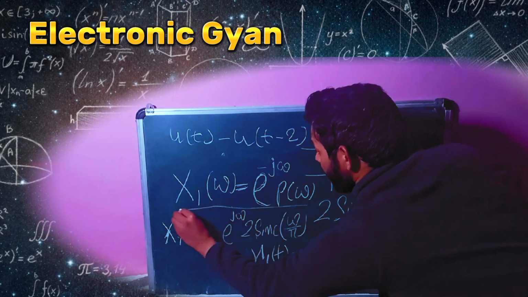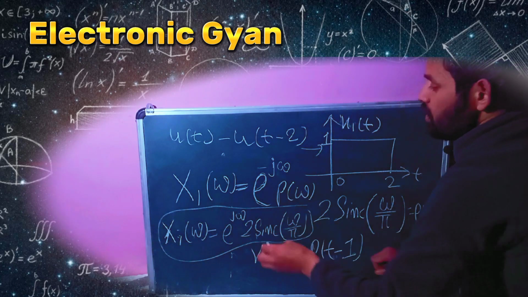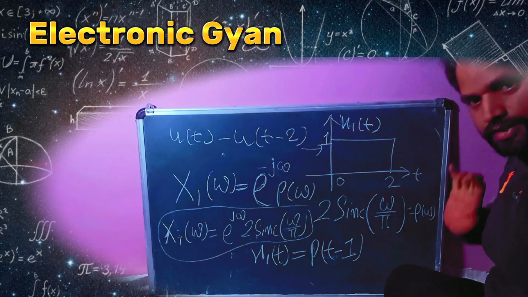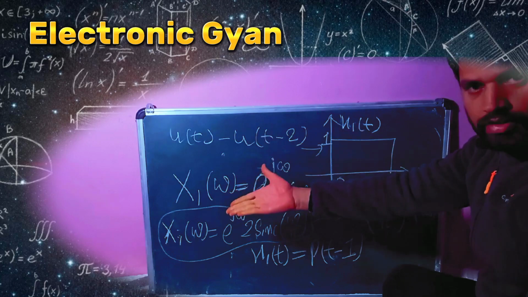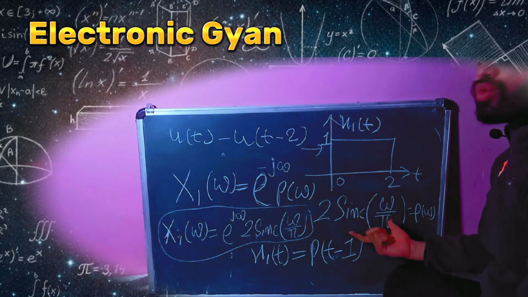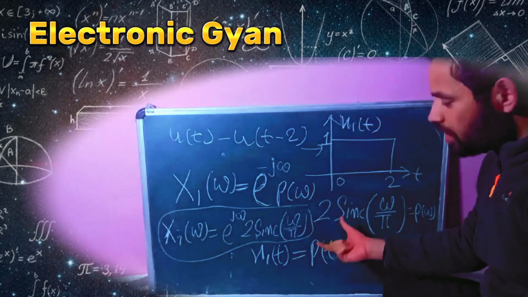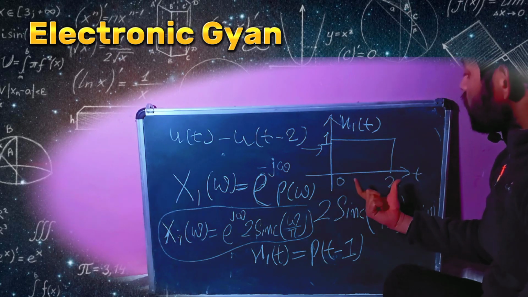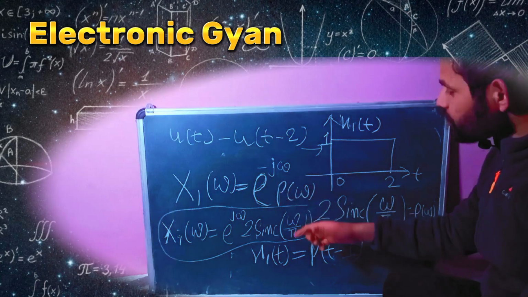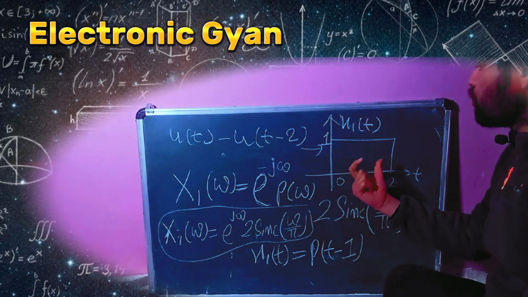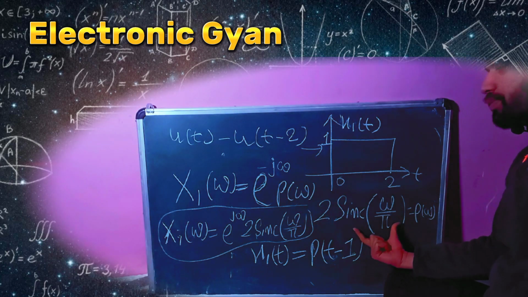So this is actually the Fourier transform for this signal. What we did here: first we took the standard rectangular signal, and we know the Fourier transform for the standard rectangular signal. Based on that we took the standard signal with the width of 1, and for that we obtained this Fourier transform.